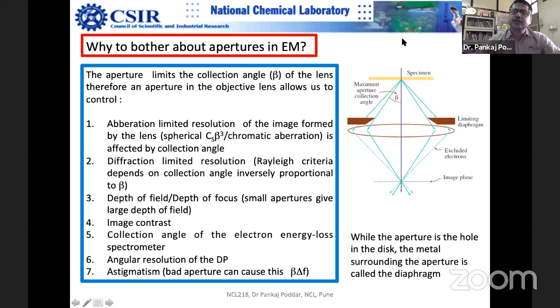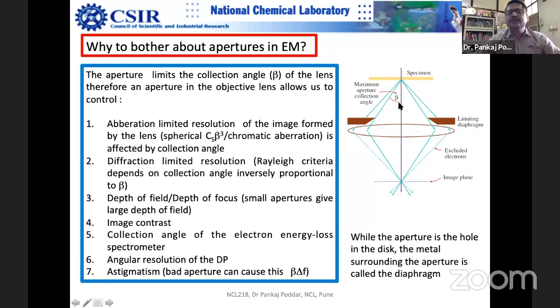Just understand that a very small deflection at a small angle from the top can make the beam deflect at a very large angle in the image plane down there. So it's a serious thing. That's why small things become very serious when you try to image your sample.